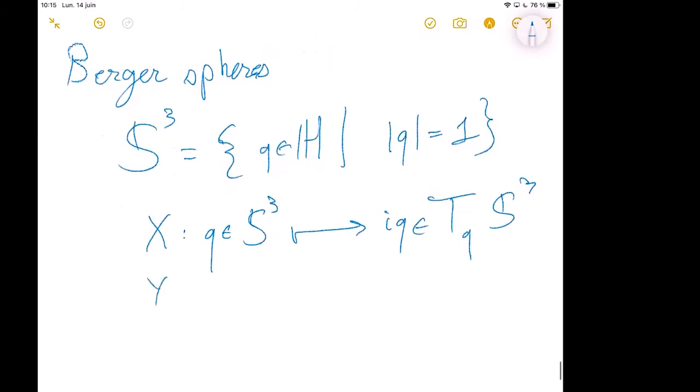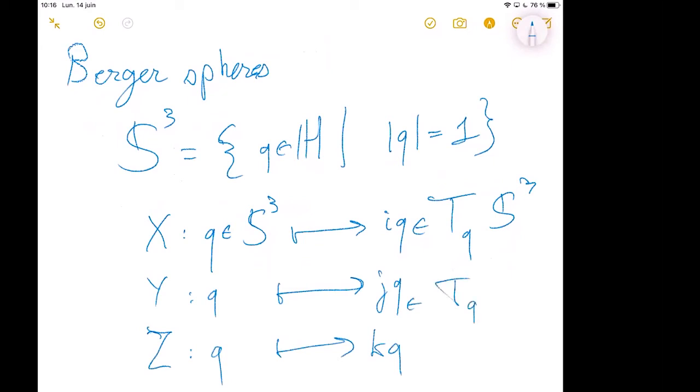And you can do the same. You have 3 vector fields.